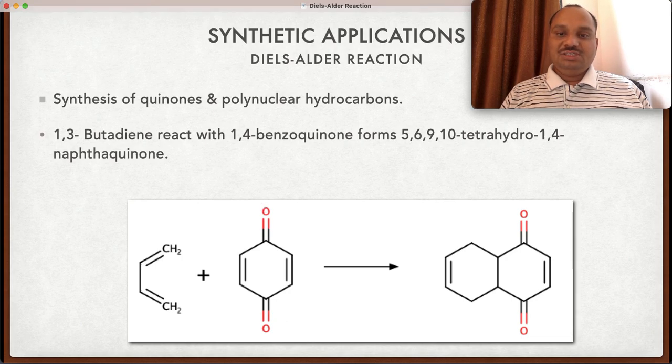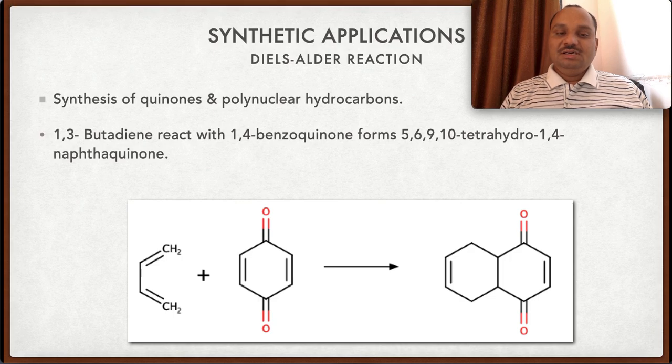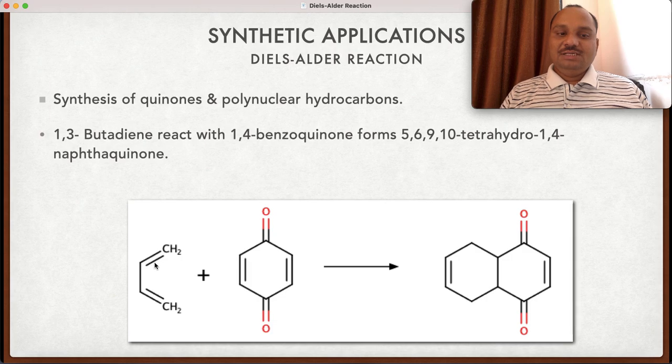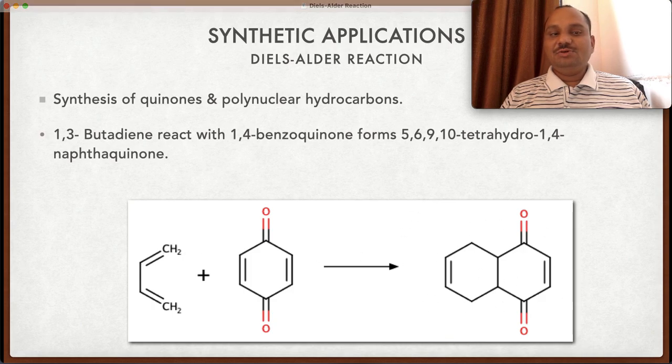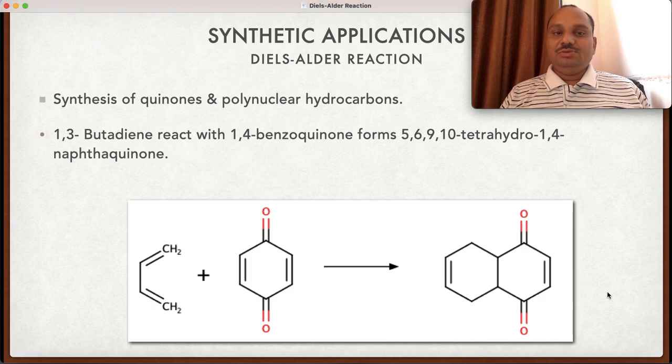It forms the 5,6,9,10-tetrahydro-1,4-naphthoquinone. This is the first synthetic application. In the product, the double bond goes here, and it forms a double bond here. This double bond breaks and forms a single bond between these two carbons. This double bond goes here and forms a single bond between these two carbons. There is the formation of this naphthoquinone.